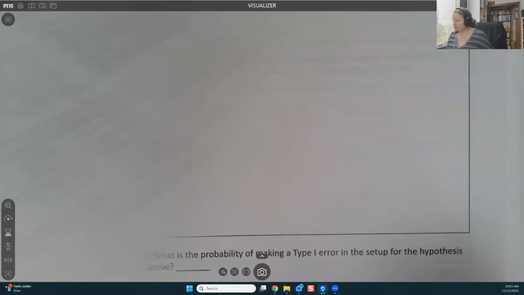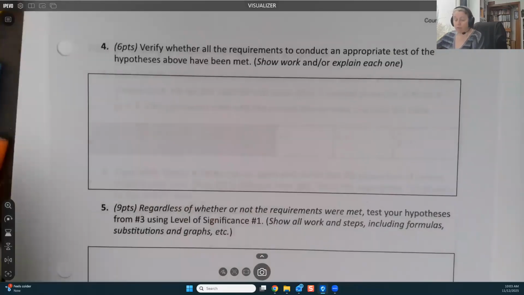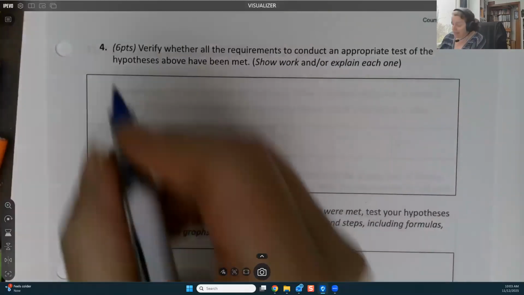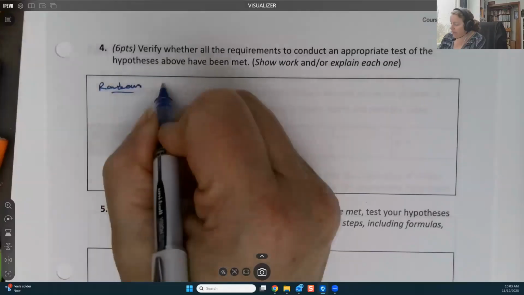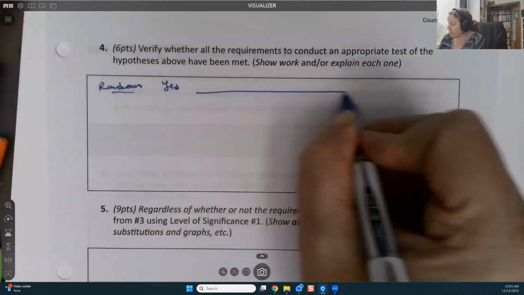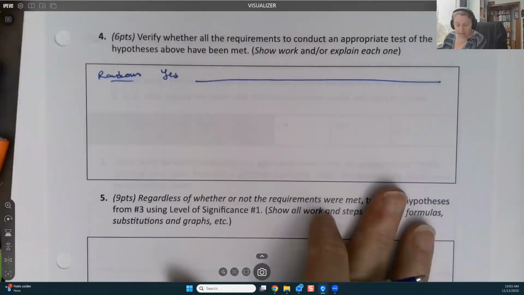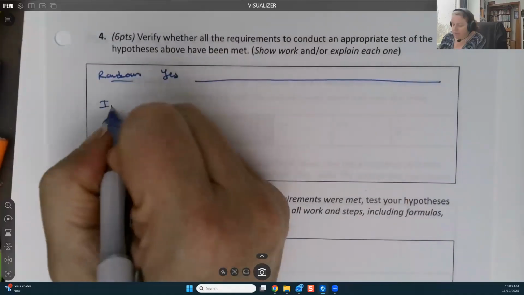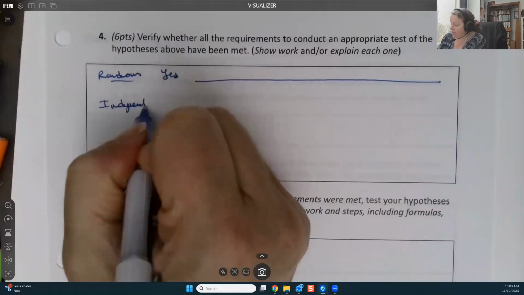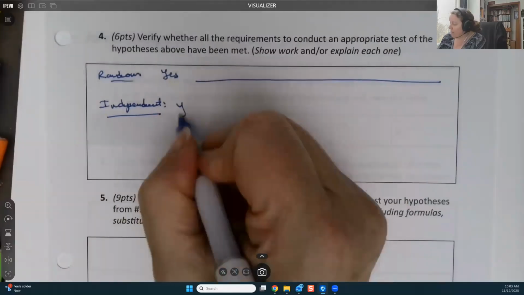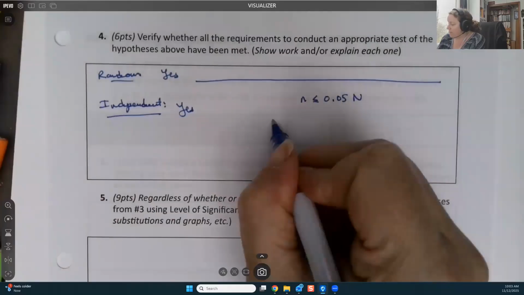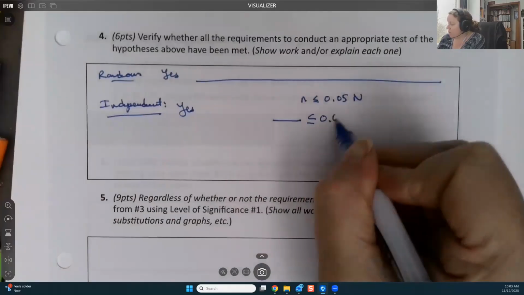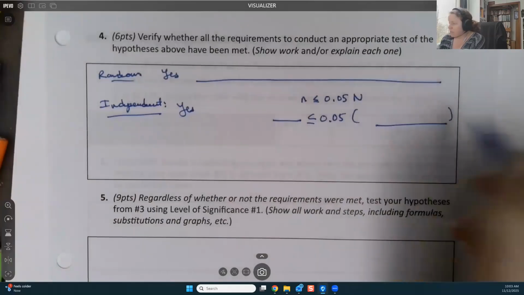Okay, then here you're going to verify requirements. Remember, random is not given, so don't write given on this. It is going to be a yes, but you have to explain. Independent is going to be a yes, and you have to explain. Little n is less than or equal to 0.05 capital N. I expect to see a number, 0.05, and then some stuff.